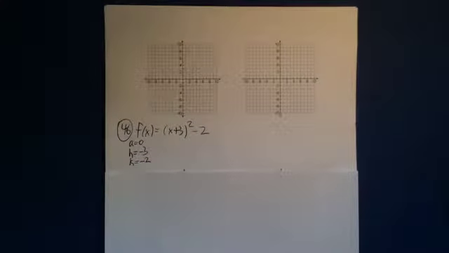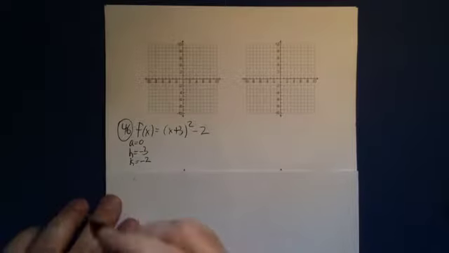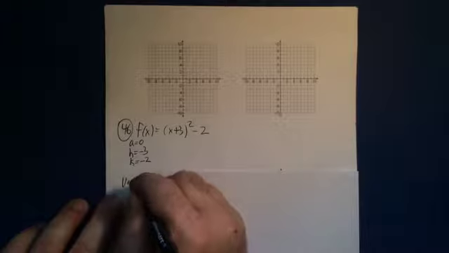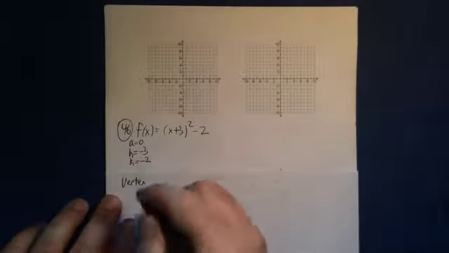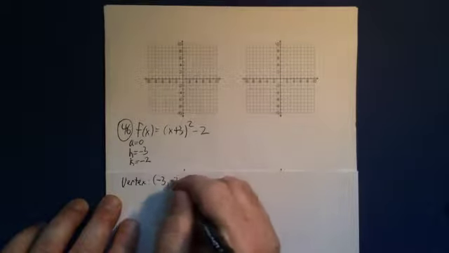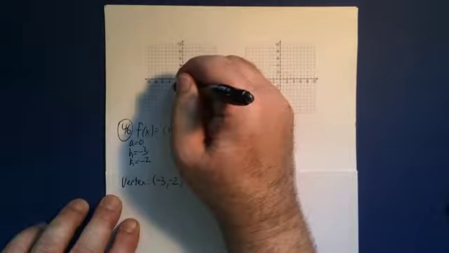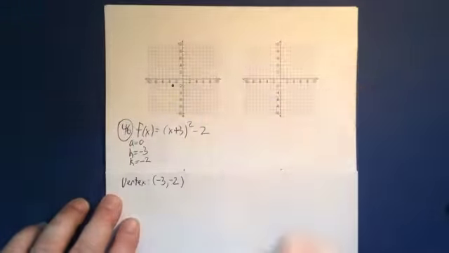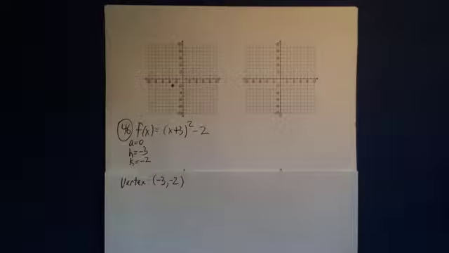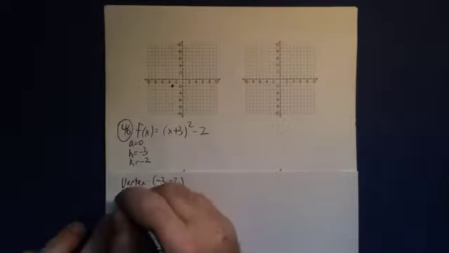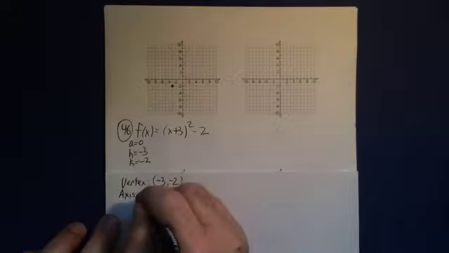The first thing we should be able to identify quickly from this is the vertex. And the vertex is going to be negative 3, negative 2. So we'll go ahead and put that point down on our graph now, right there. Another thing that I'm going to change a little bit in this lesson is going directly to at least identifying the equation of the axis of symmetry.